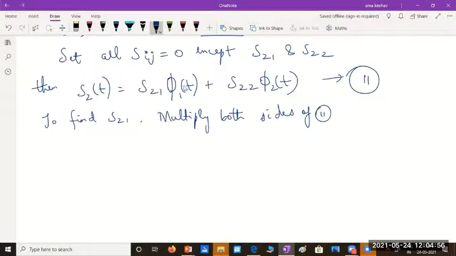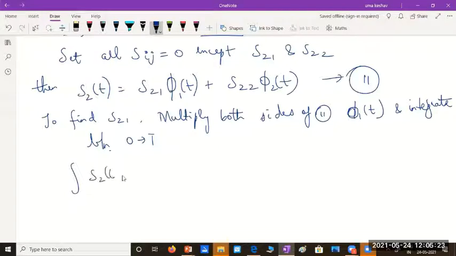If I multiply both sides of the equation with phi 1 of t, I'll get phi 1 square, and integral phi 1 square is 1. And integrate between 0 to t. So the left hand side also multiply it with phi 1 and integrate it between 0 to t.